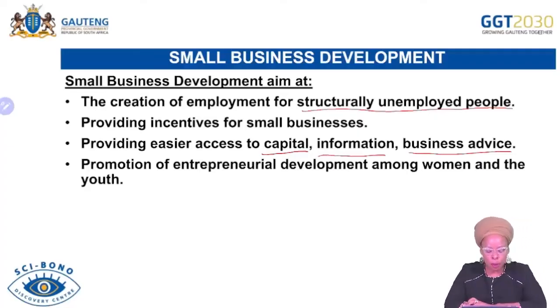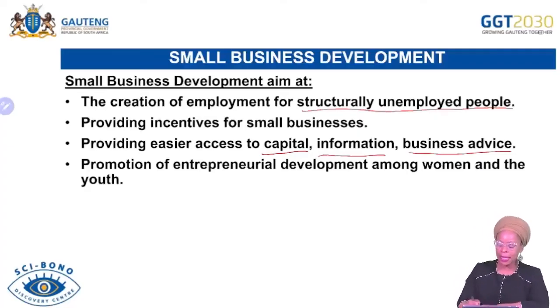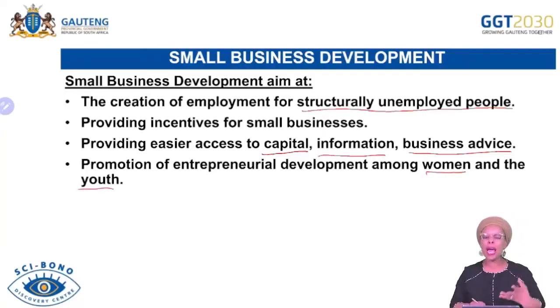It aims to promote entrepreneurial development among the women and the youth. Always remember why women and youth. Women and youth are regarded as the disadvantaged and previously marginalized people in the economy. So the reason why small business development should take place is to make sure that our youth become entrepreneurs.